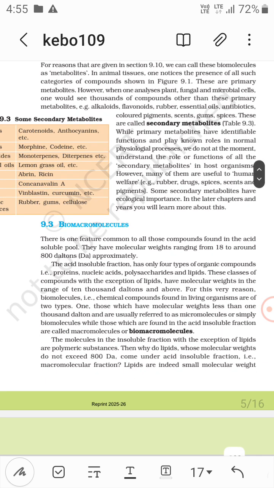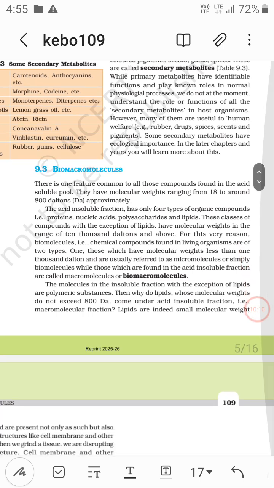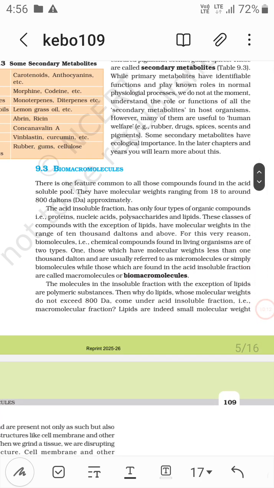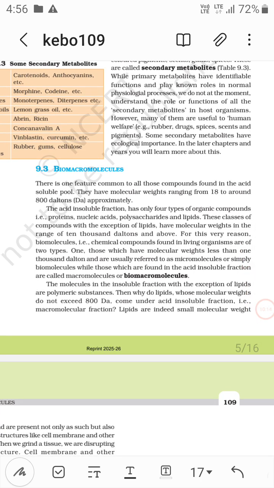Now, biomacromolecules. Biomacromolecules are the acid insoluble fraction, and biomicromolecules are the acid soluble fraction. The acid soluble fraction has molecular weight from 18 to 800 Dalton. These are biomolecules.